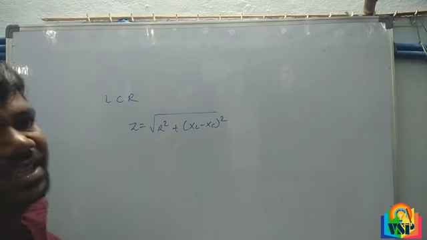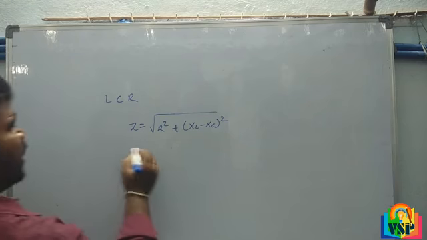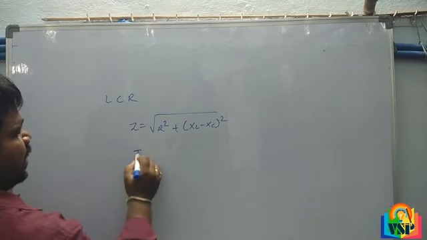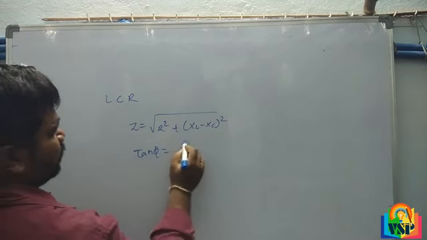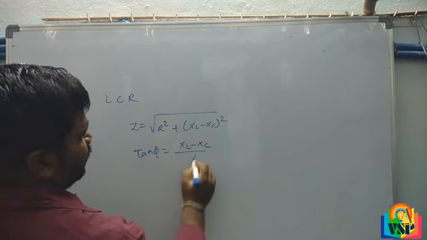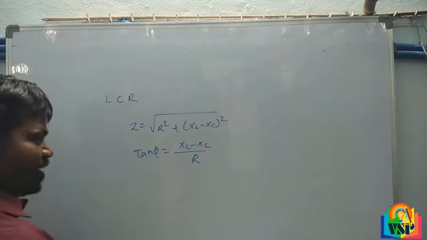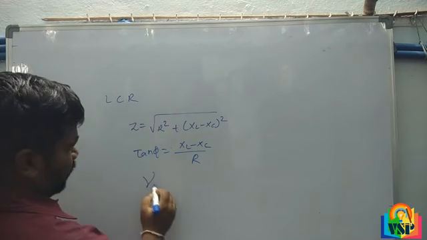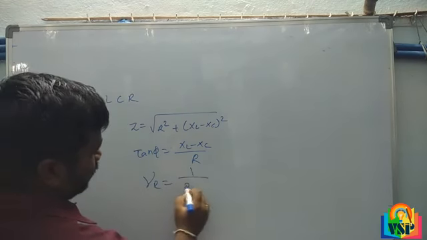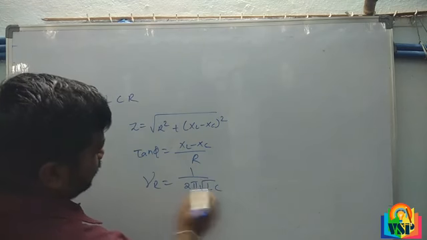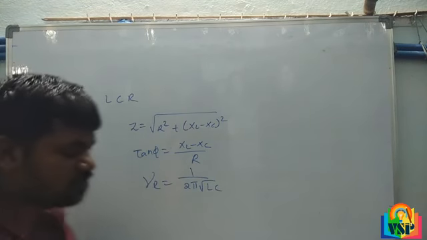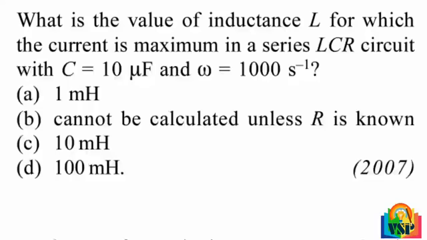Then tan phi is equal to (XL minus XC) by R. The resonating frequency nu r is equal to 1 by 2 pi root of LC. We have to learn these formulas.